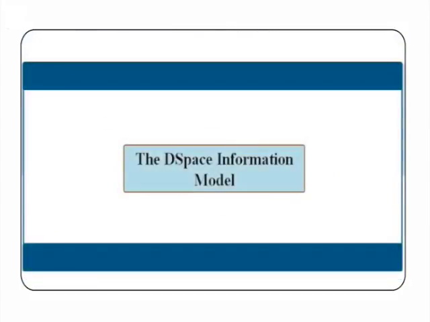An information model in software engineering is a representation of concepts and the relationships, constraints, rules and operations to specify data semantics for a chosen domain of discourse. We will be discussing the information model of DSpace.